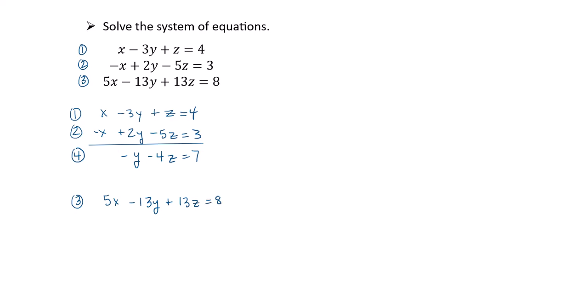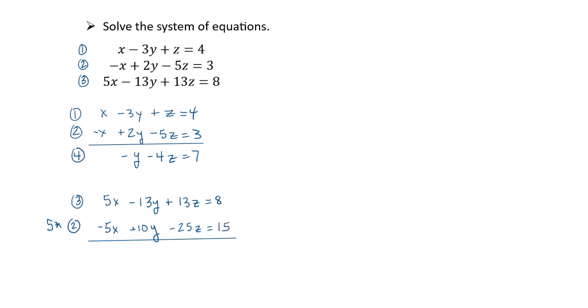But when I'm looking at equation 2, I'm going to have to multiply it through by 5 so that my coefficients of x are opposites. Plus 10y minus 25z equals 15.